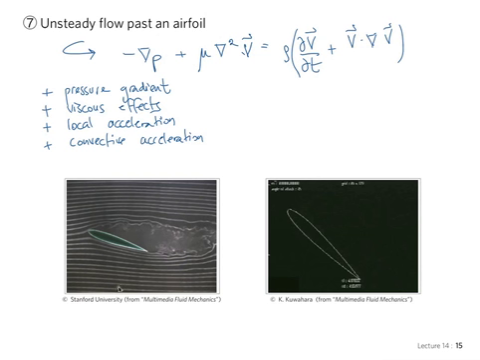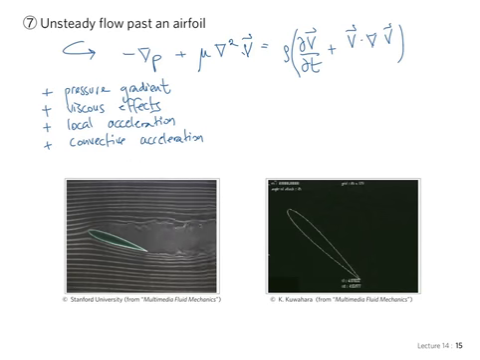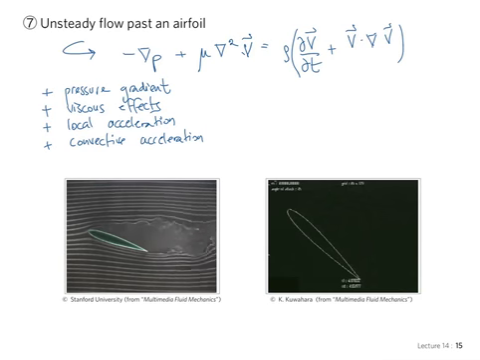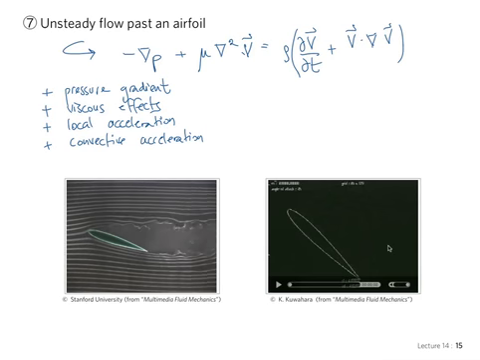Now, in this case, the flow is very complicated. The movie shown there is actually a visualization of the flow around an airfoil at a certain angle of attack such that the flow becomes separated. And you can see that this is unsteady. It's a very complicated flow. There's no solution that we can write for the Navier Stokes equations, and the only approach is computational.